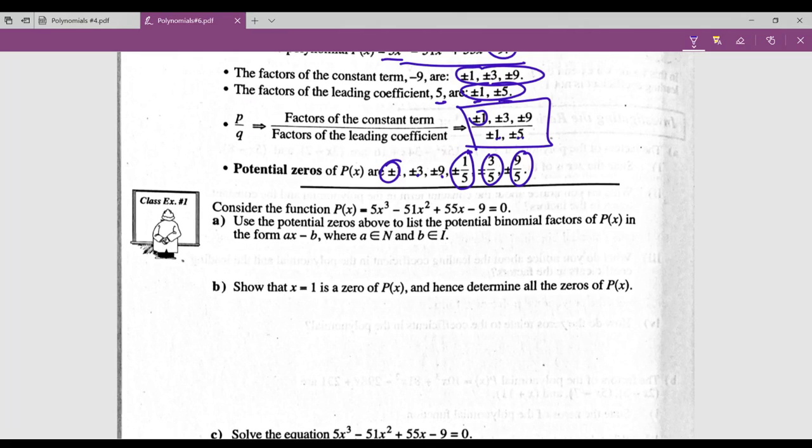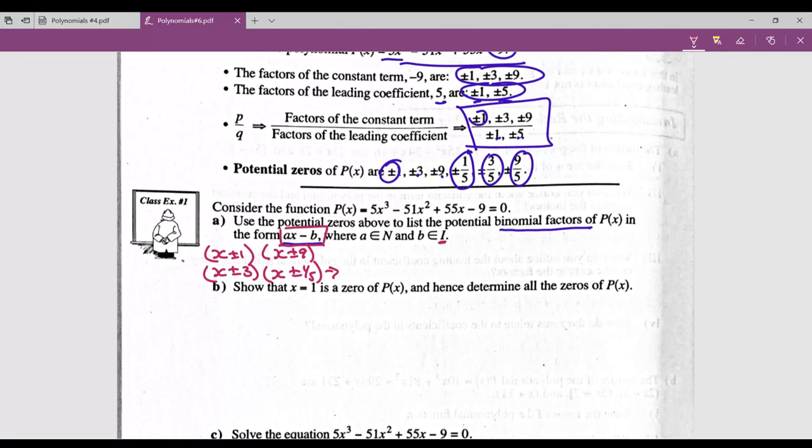All right. If we're going to say the potential factors, and they want everything written as ax minus b, then that is going to look like this. You write this as x plus minus 1 is one factor, x plus minus 3 is another factor, x plus minus 9, and then when you write x plus minus a fifth, they want everything like this. I don't want any fractions. That's what this means. Everything must be an integer.